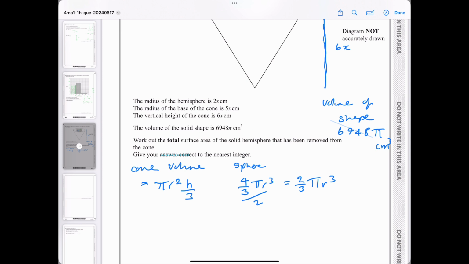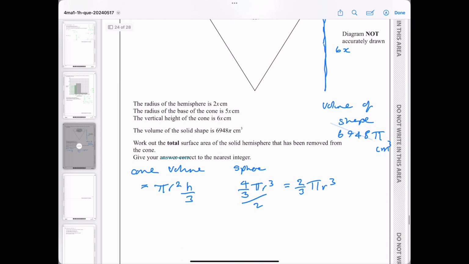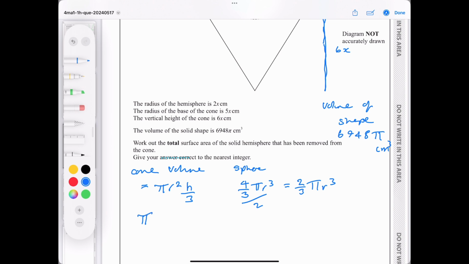So we're going to do firstly cone volume. So we've got r squared, so it's going to be pi (5x) squared times 6x over 3.